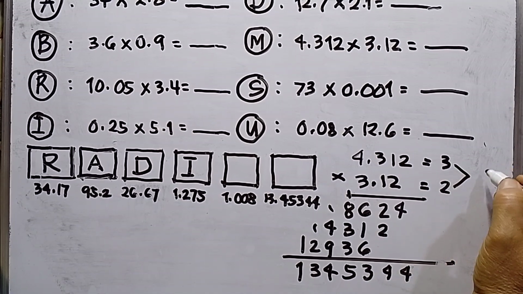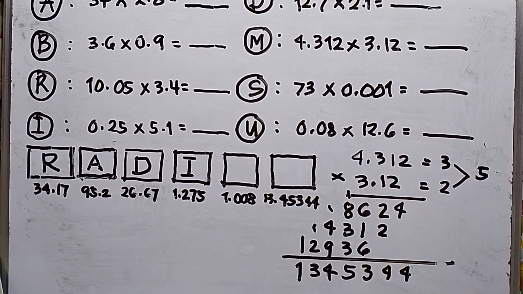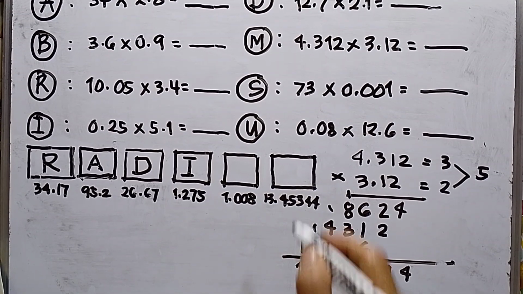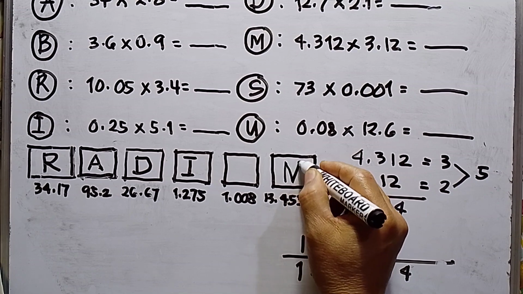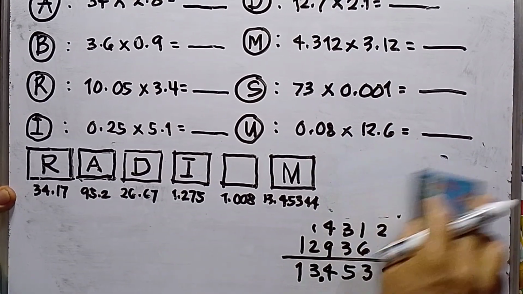So all in all, I've got 5 decimal places for my product. So count from the right: 1, 2, 3, 4, 5. So I've got 13.45344. So the last box is letter M. Okay, letter M.